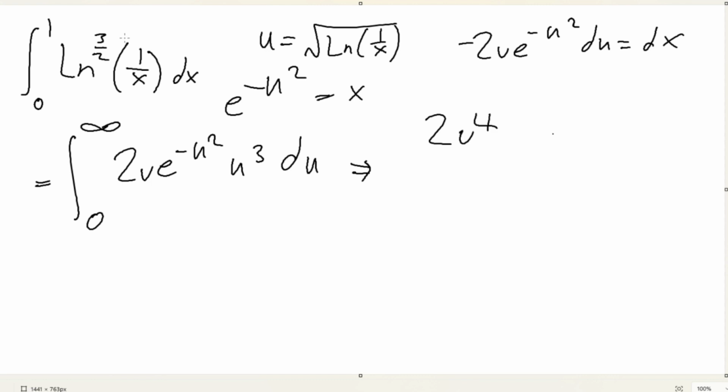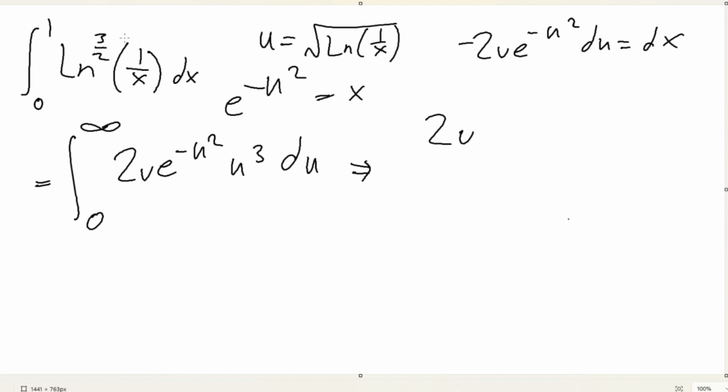2u to the 4 e to the negative u square. Okay. And then we have 2u cubed, not 2u cubed, 8u cubed. And then 24u squared. Oh no, we can't do that. What am I doing? No, we can't do that.